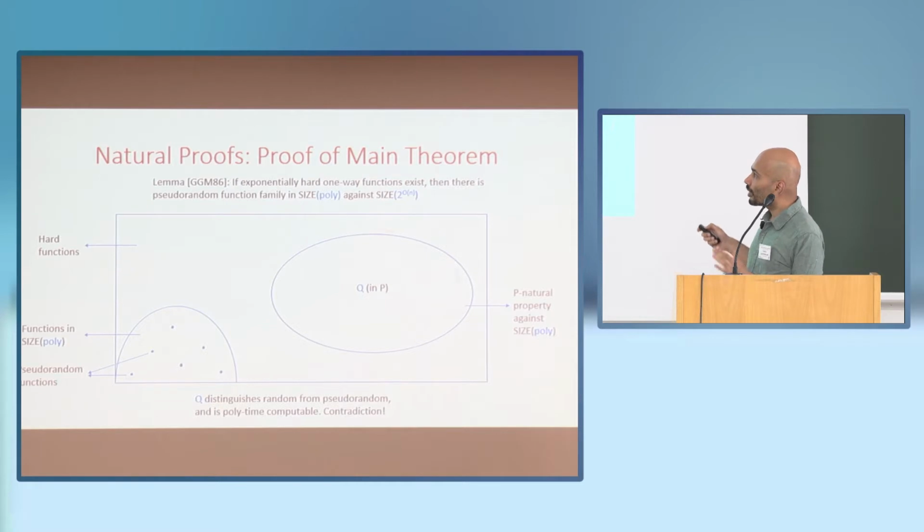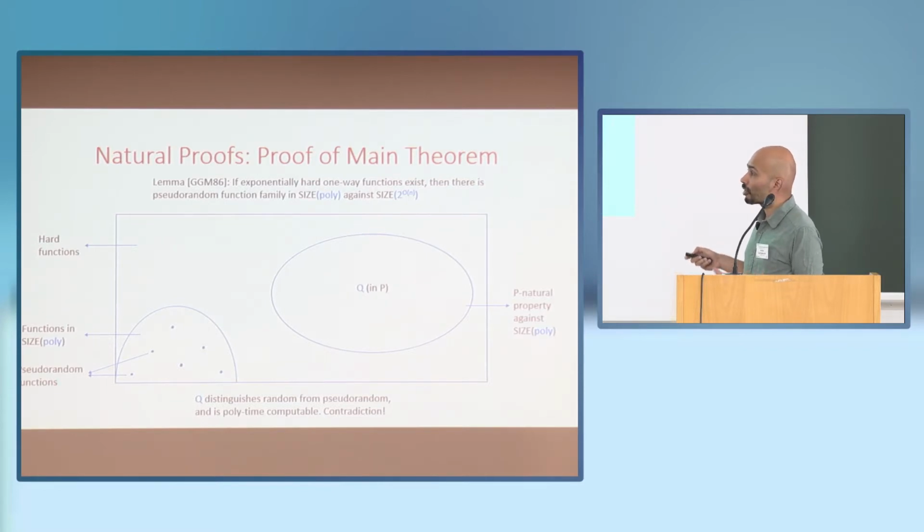So let's assume that natural proofs existed. Here's a natural proof, which is decidable in polynomial time or polynomial size. And here's your pseudorandom function family, which all lives within the easy functions, within polynomial size functions. It's supposed to be a pseudorandom function family, but here's this easy set, which is dense. It occupies a large portion of space, so it's a distinguisher.